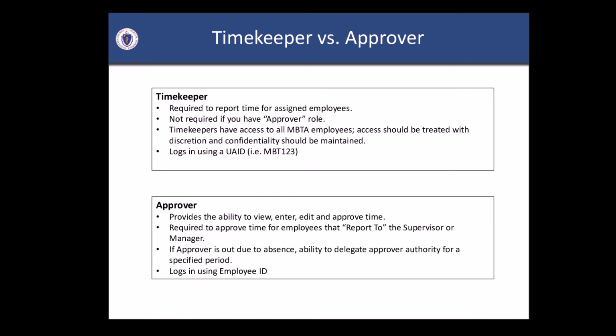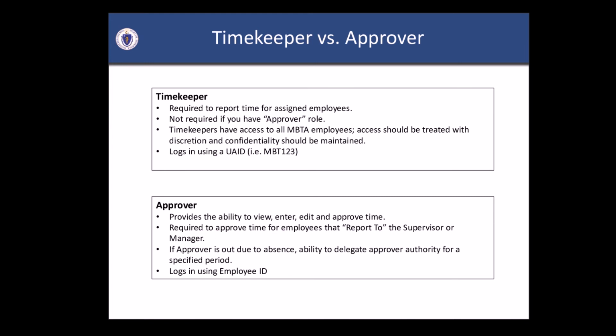So a timekeeper, when we talk about who is a timekeeper, what kind of roles and responsibilities do they have, a timekeeper is someone who has an alphanumeric login, so it starts with MBT, and all they're doing is entering time in the system. They're not approving time. They're just doing the data entry, and it's up to the time approver to approve that time.